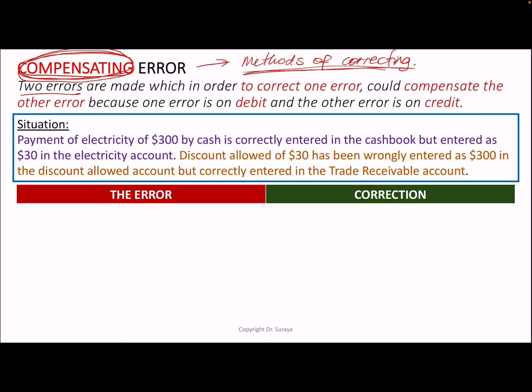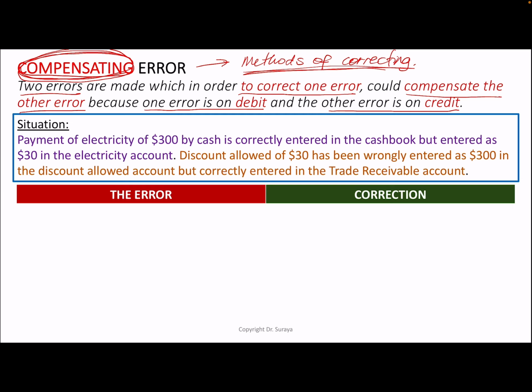There are two errors which can be corrected simultaneously. Two errors are made which, in order to correct one error, could compensate the other error, because one error is debit and the other error is credit.